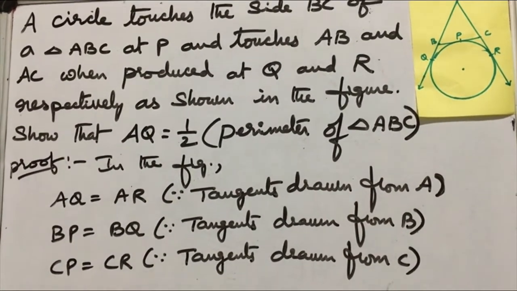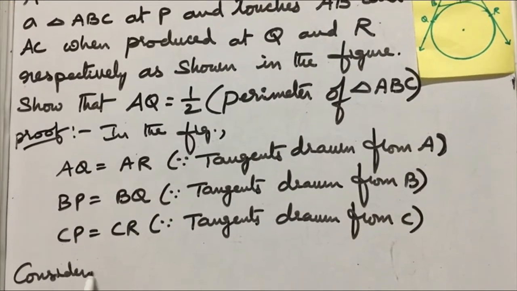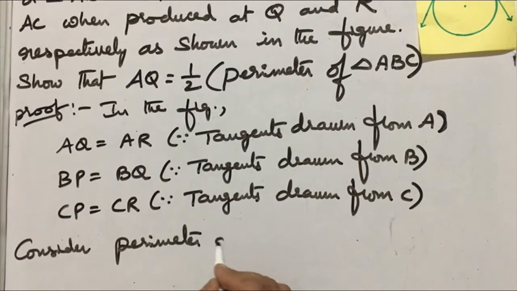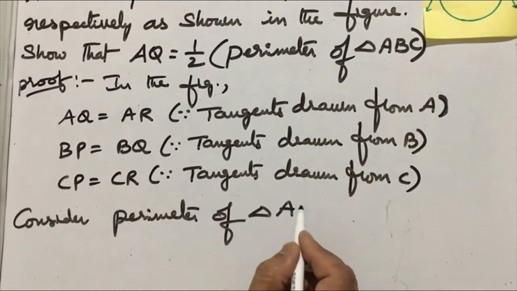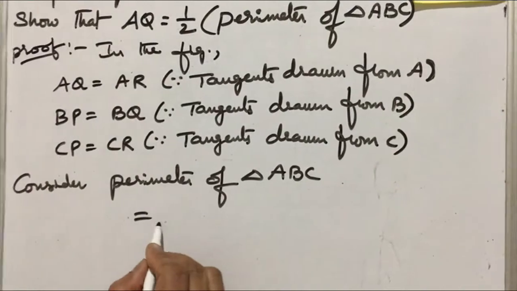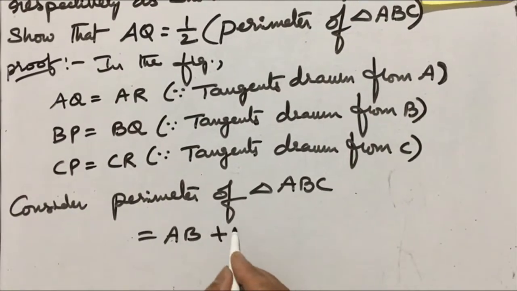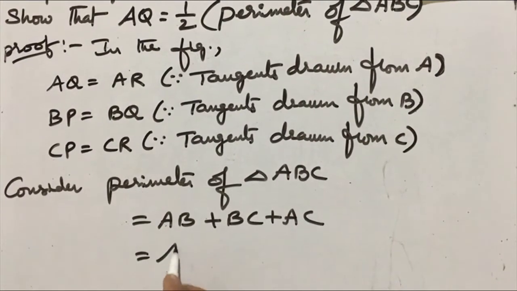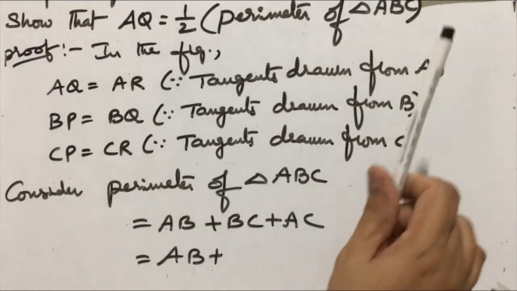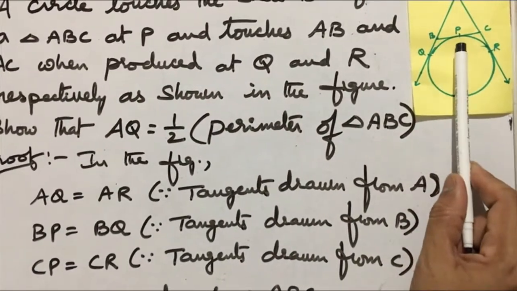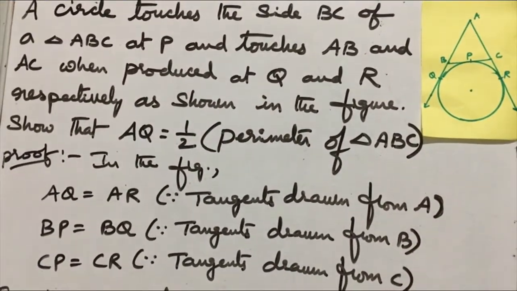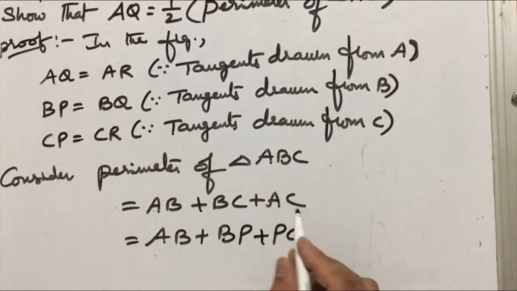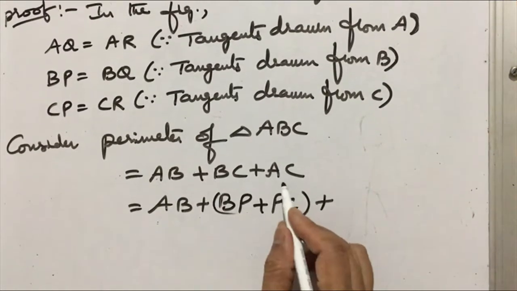Now consider the perimeter of triangle ABC. It is nothing but AB plus BC plus AC. I am writing this BC as, here in the figure you see, BC we can write as BP plus PC. So I am writing this one as BP plus PC plus what is left out?